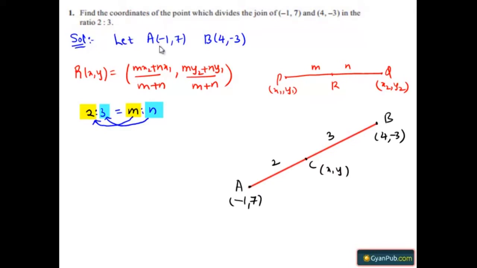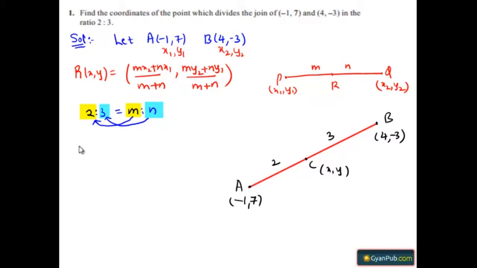Here point A can be represented as (x1, y1) and point B as (x2, y2). We get the coordinates of C which divides AB in the ratio 2:3 internally by substituting the values of m, n, x1, y1 and x2, y2 in the formula.